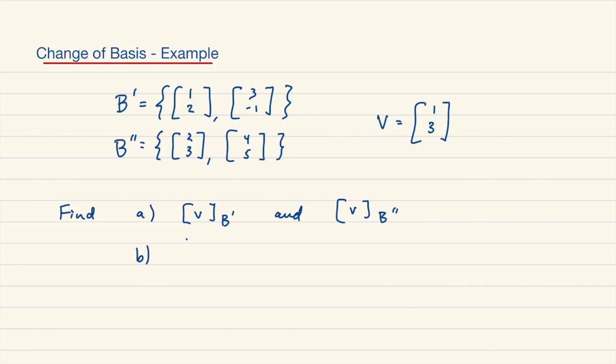I want to compute the basis vectors in B prime, so (1, 2) and (3, -1), with respect to the other basis, B double prime. So I want to compute (1, 2) with respect to B double prime, and (3, -1) again with respect to B double prime.